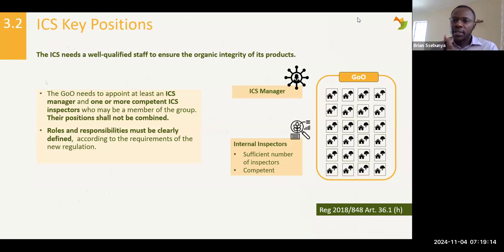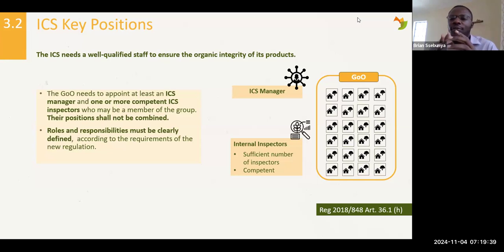According to the standard, the ICS needs well-qualified staff to ensure the organic integrity of the product from the group of operators. Remember, ICS is for a group of operators. I remember, in the first week somebody asked, okay, we've been under contract production, so we have an ICS for the farmers, then we have an ICS for the company.